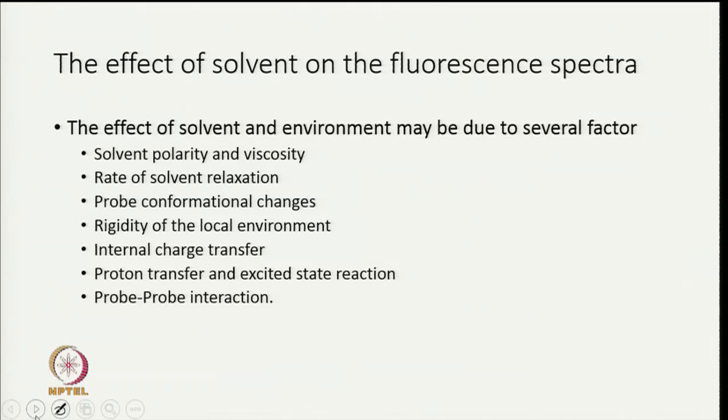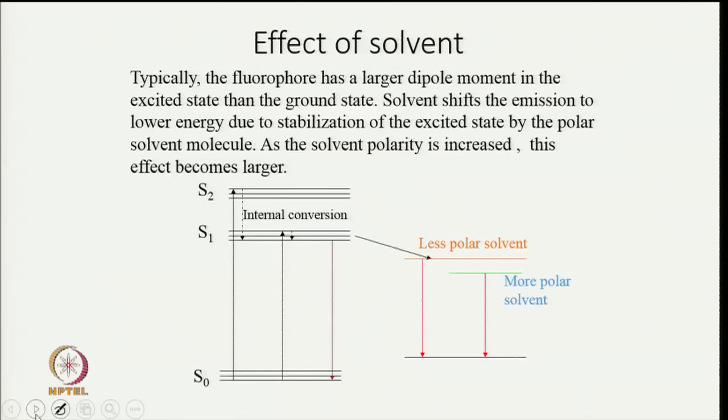Third is conformational changes due to solvent. Fourth is rigidity of the local environment. Fifth is internal charge transfer. Then another factor is proton transfer and excited state reaction, and the last one is probe-probe interaction. We will discuss a few of them, but the same logic can be applied in every other case.